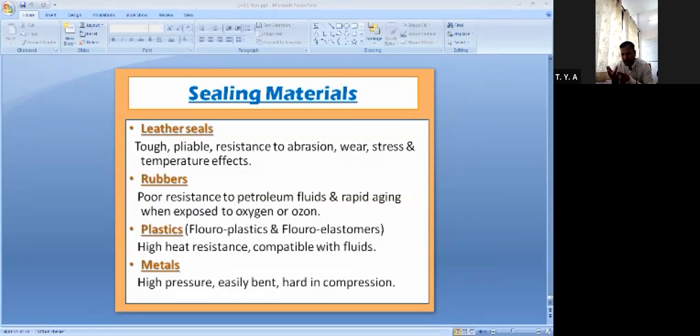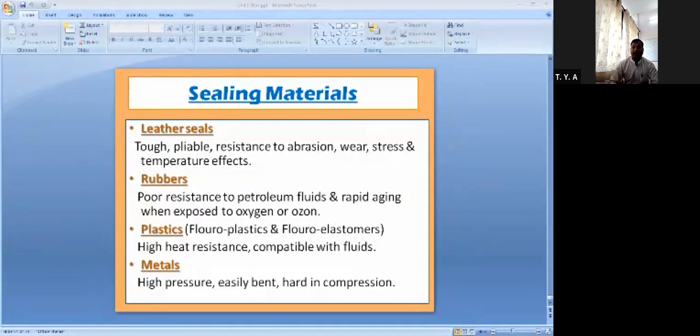Several sealing materials have been developed by synthesizing fluorine with elastomer or plastic. Synthesizing is a procedure. By synthesizing fluorine with the elastomer or the plastic, different plastic materials are produced, and those are used as sealing materials. Which are the materials that we should know?